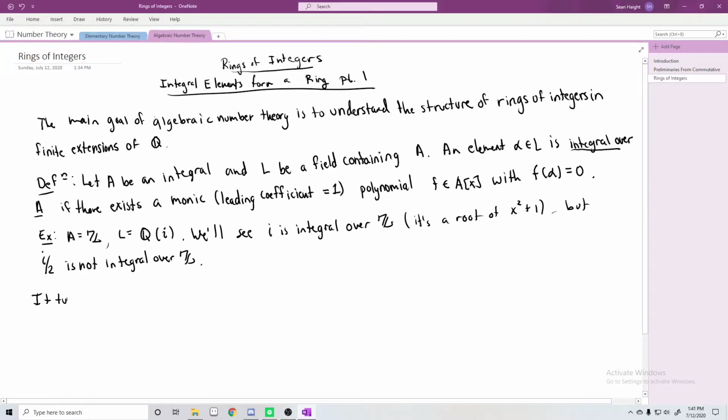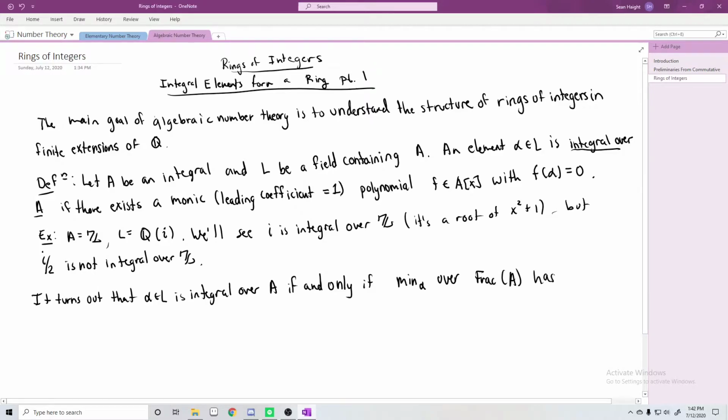It turns out, and we'll prove this later, that alpha in L is integral over A if and only if the minimal polynomial of alpha over, let's say, the field of fractions of A has coefficients in A. So it's enough to compute the minimal polynomial.